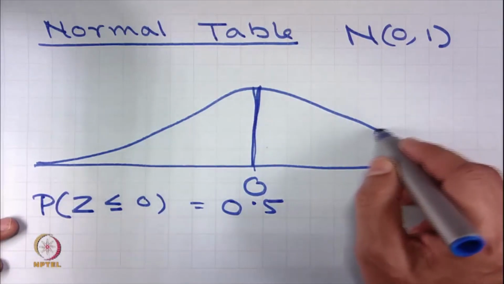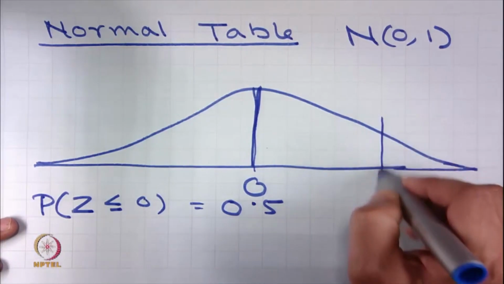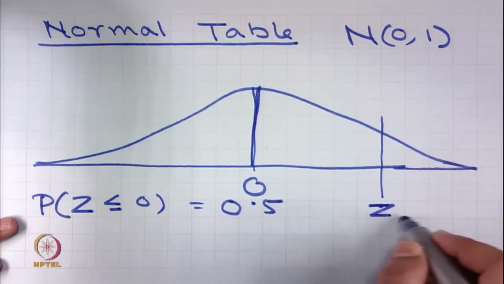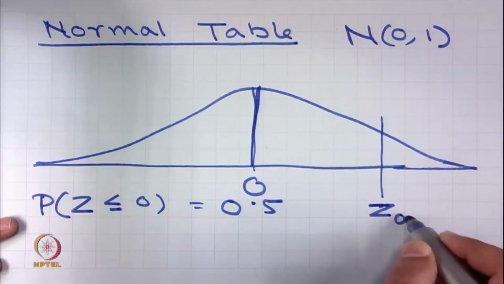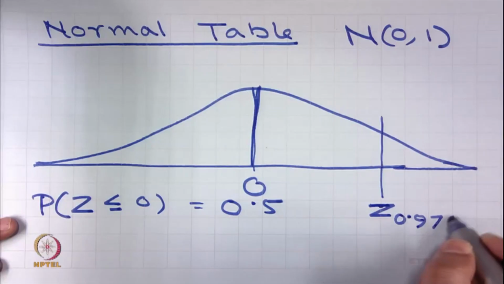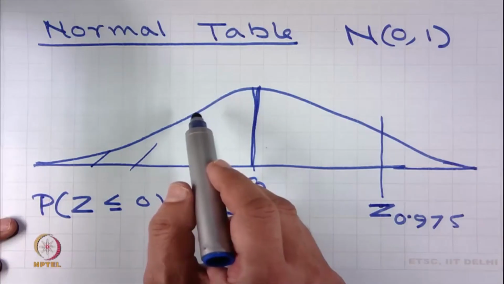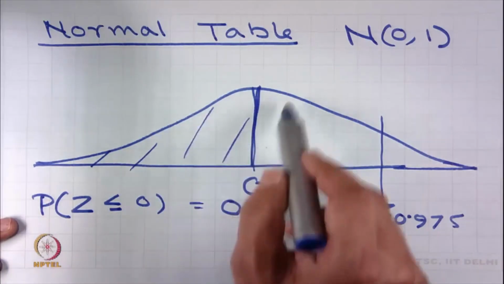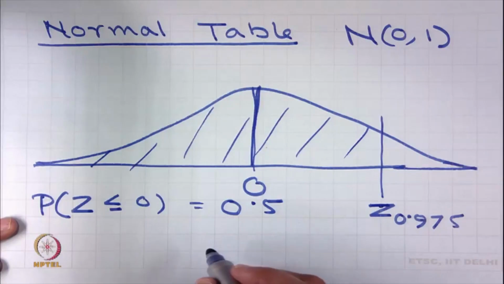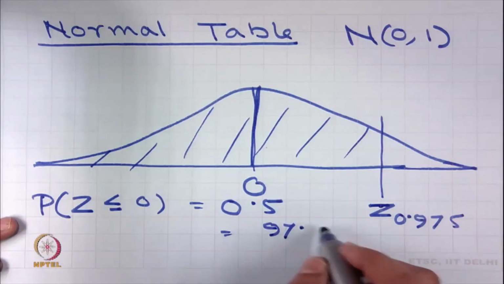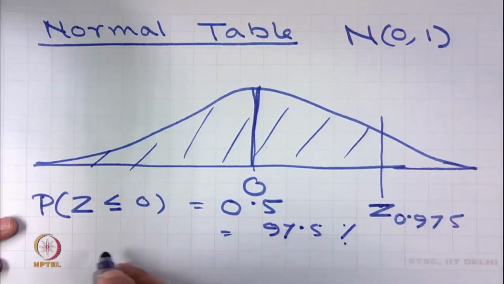So, for 95%, we will look at the value, say call it z 0.975, because the area below this is equal to 97.5%.